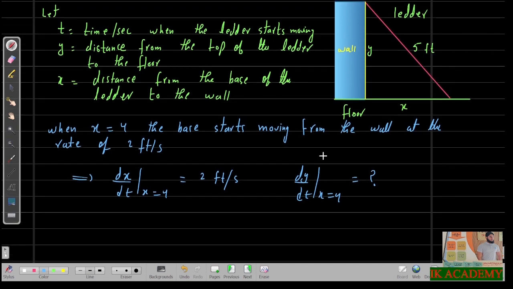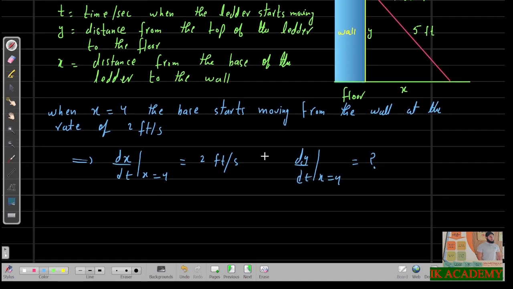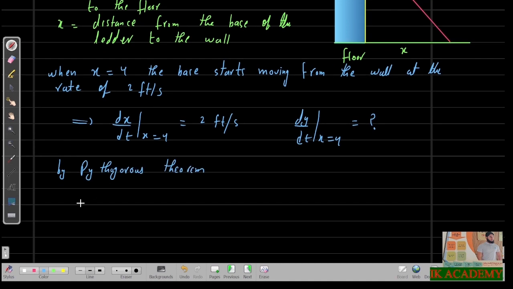From the figure, we can easily apply the Pythagoras theorem, because the hypotenuse, which is the length of the ladder, is given as 5 feet. By the Pythagoras theorem, base squared plus perpendicular squared is equal to hypotenuse squared. Here the hypotenuse is 5, so 5 squared: x squared plus y squared is equal to 25.